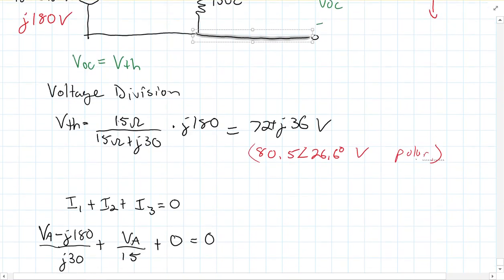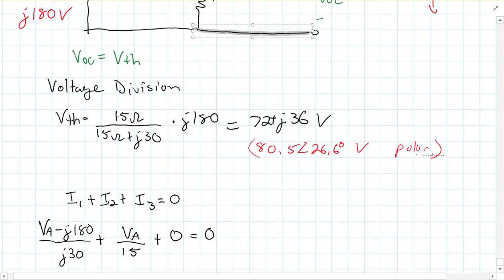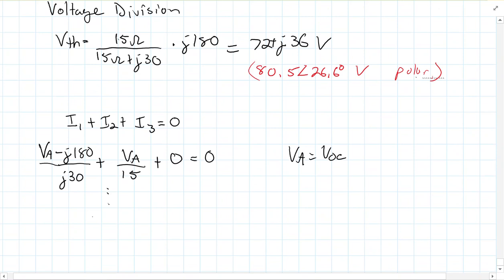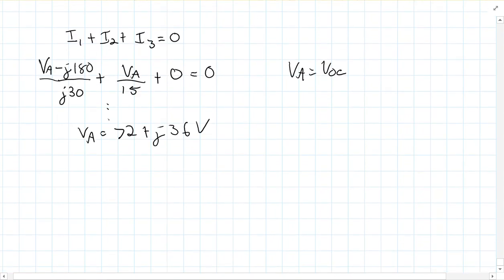But again, when you have that current 0, we know then that VA equals V open circuit, and then you'd get VA is equal to 72 plus J36 volts. So you can get it the same way either way.